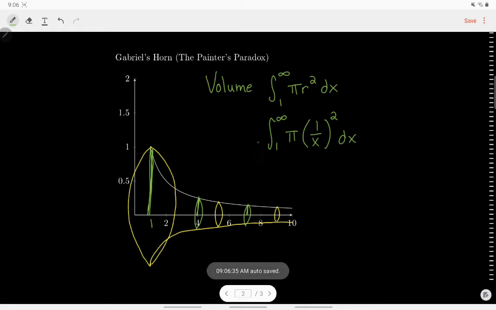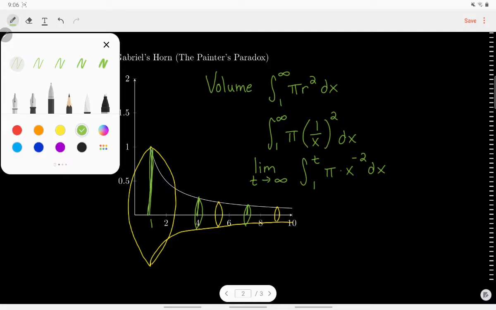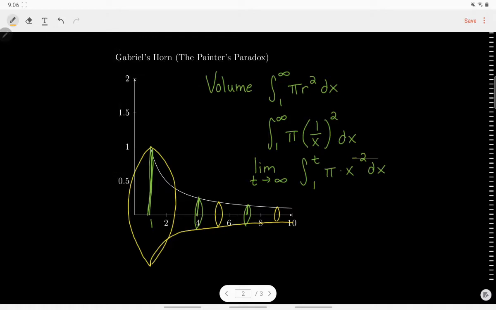Okay, here we go. Let's calculate this. So I have the limit as t goes to infinity of the integral from 1 to t of pi times x to the negative 2. The antiderivative of x to the negative 2 is going to be negative 1 over x. You can work that out if you need to see the details, but that is what I'm going to plug my endpoints into.